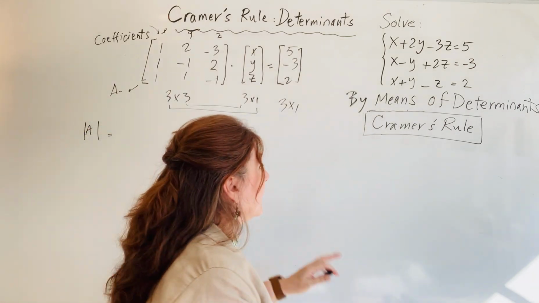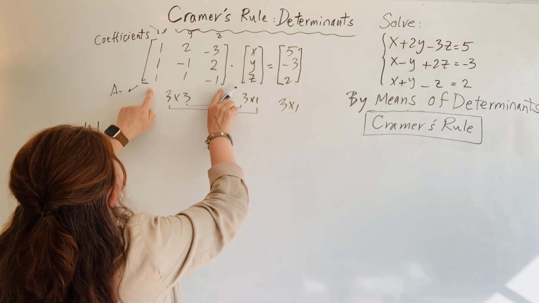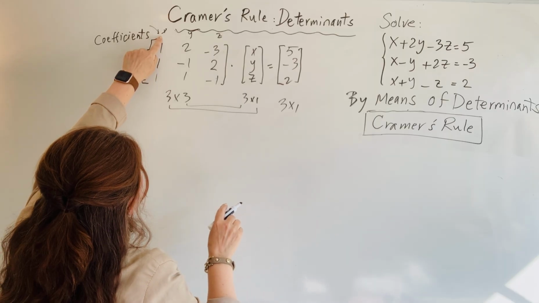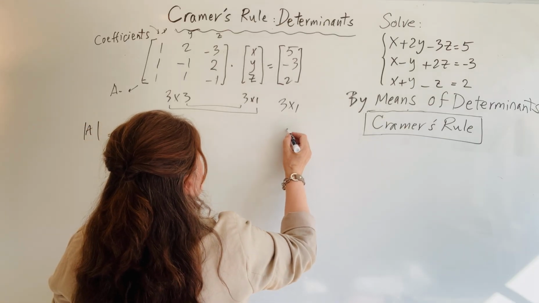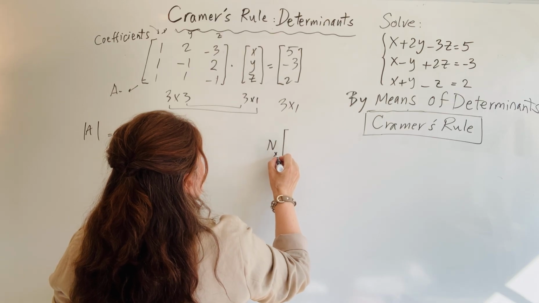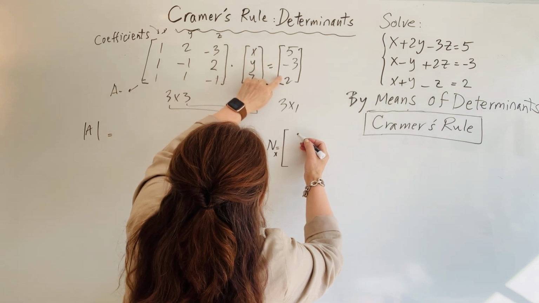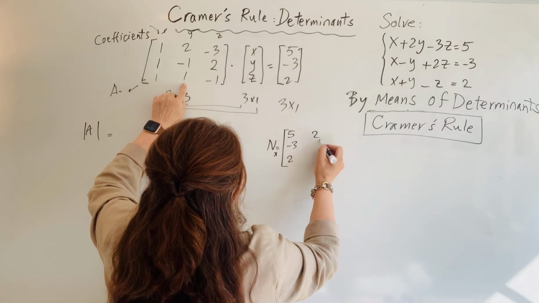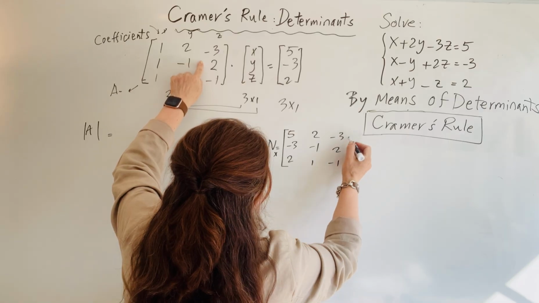For another matrix, we take the coefficients and replace the x's column with the constants. We can call this N of x. If you replace the column with the constants, the rest is the same.